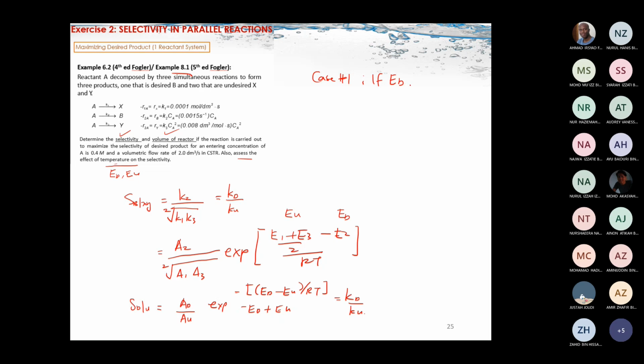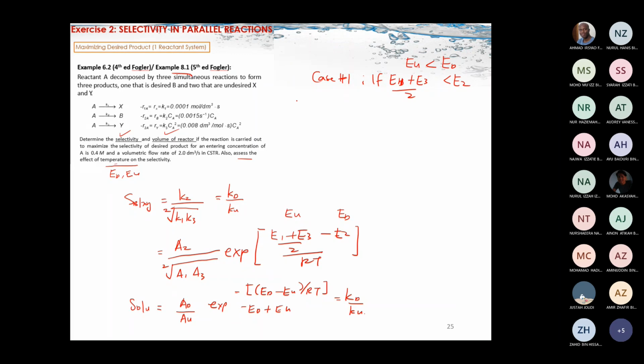if E1 plus the E3 over 2 is less than E2. Okay, means that if the EU is less than ED.